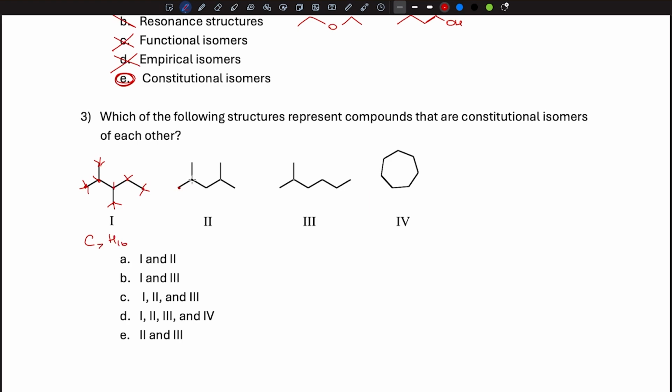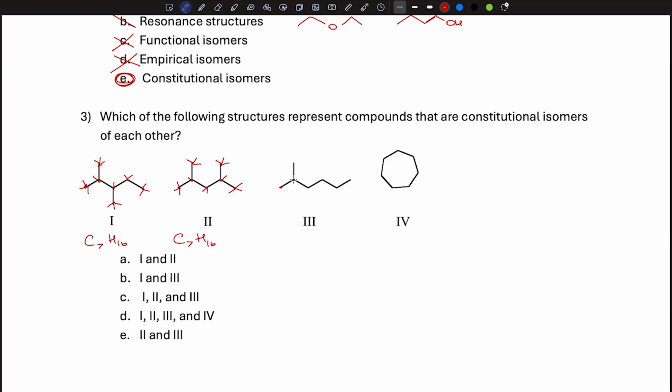Structure 2: 7 carbons. Again, 16 hydrogens.